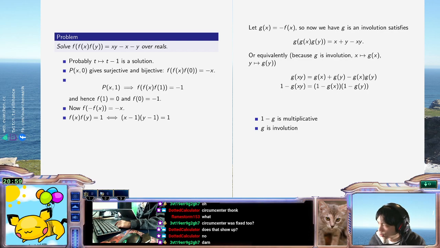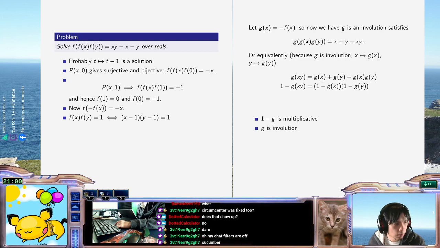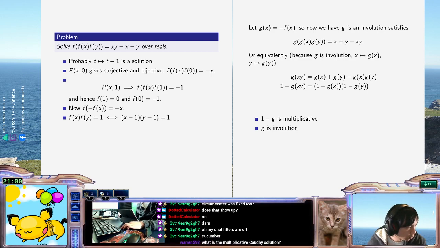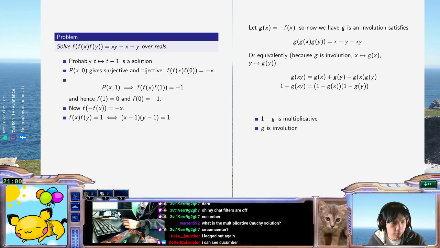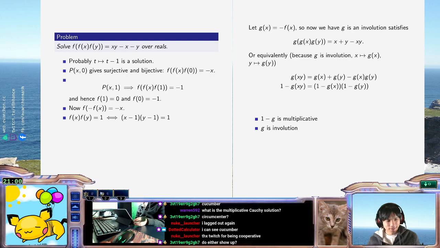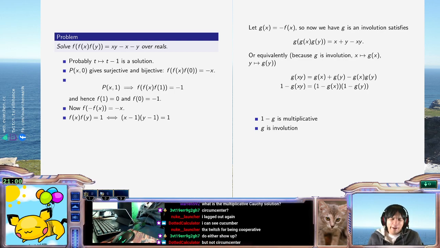Okay, sure. What is the multiplicative Cauchy solution? Nothing good. If you do a log transform, it's equivalent to Cauchy.